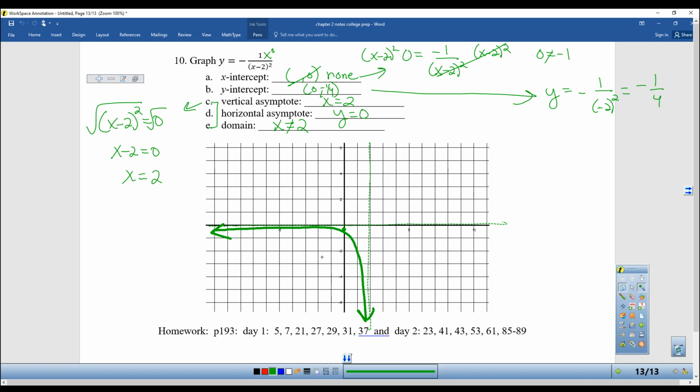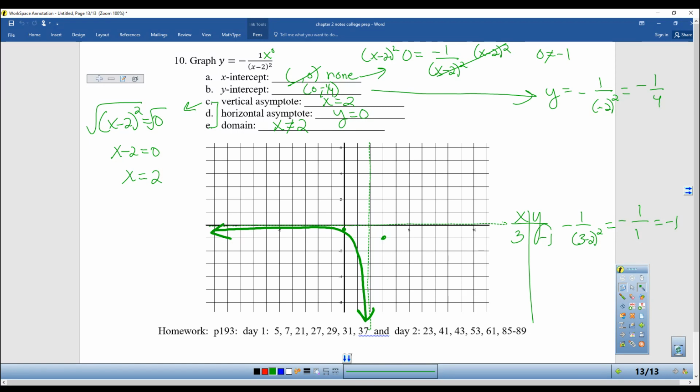Let's make a table. And I'm going to pick 3. That puts me on that side of it, which is going to be -1 over 3 minus 2 squared, which is -1 over 1 squared, which is -1. 1, 2, 3, -1. Okay.